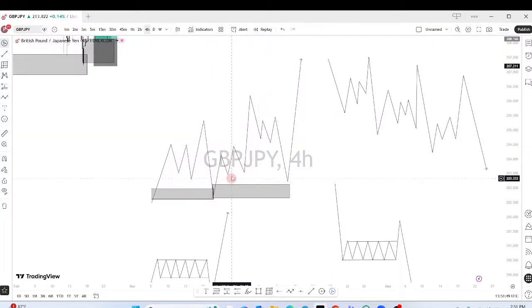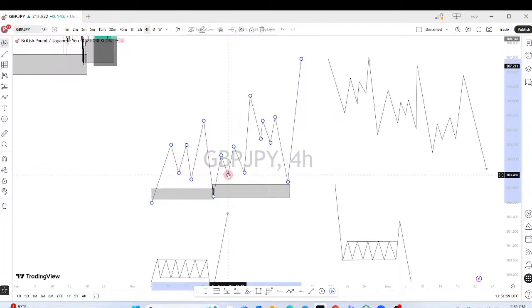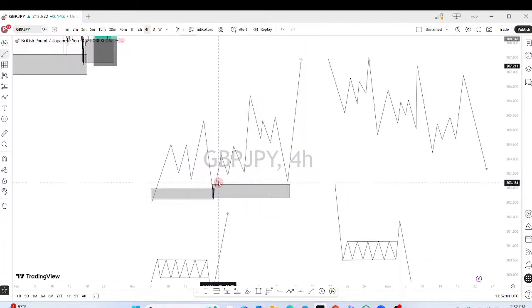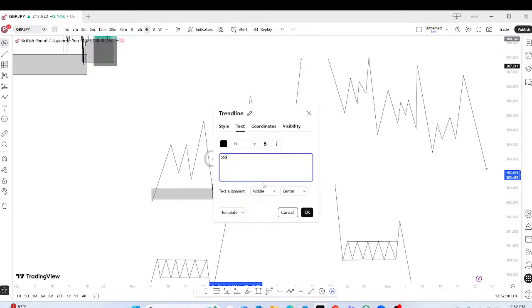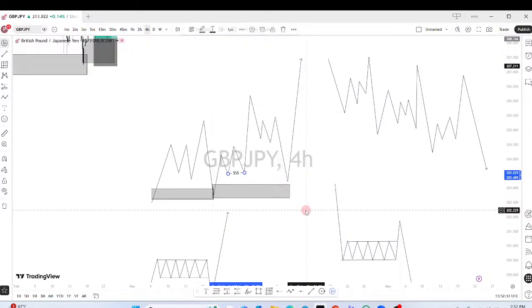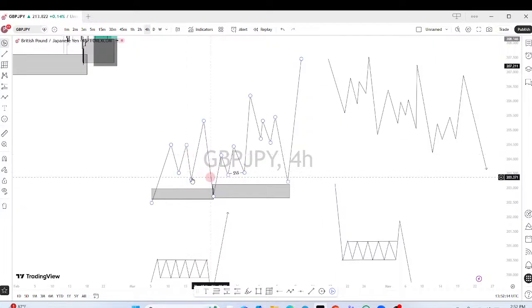But if you wait for liquidity to be cleared, which is these two lows here, you see how price cleared the liquidity. So this is liquidity, and here again, this is liquidity again.